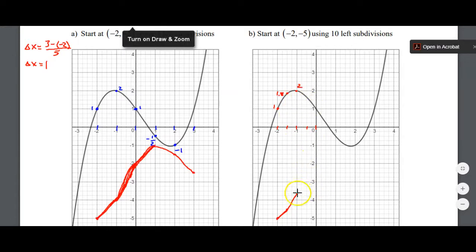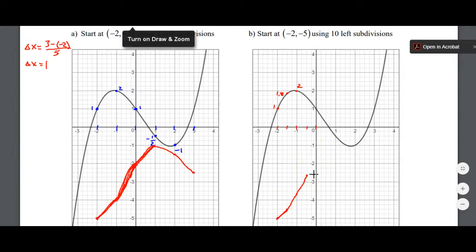Slope of 2, again, normally I go up a whole 2 units, but since we're only going over half a unit, it's going to go up 1. So I'm going to go up 1 and over a half, so that puts me about right here, just above -3.25, probably about -3.